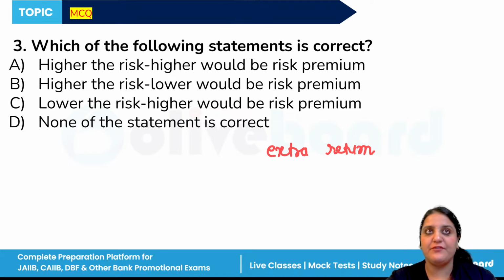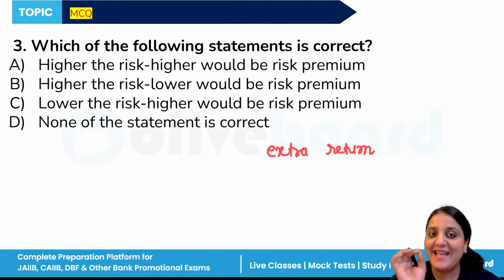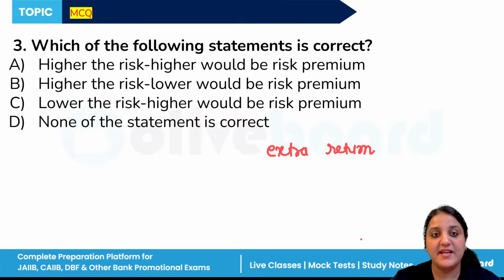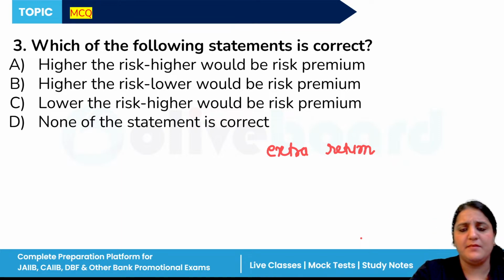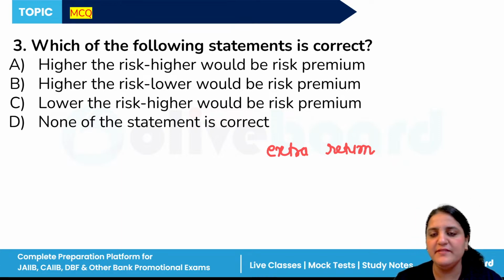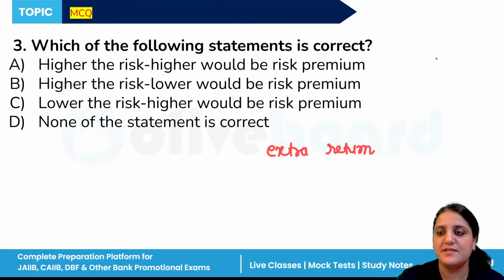Suppose a low-risk government bond might have 6% interest, but a corporate bond of a new company might give 12% interest. So that extra 6% is the risk premium for taking a riskier investment, right? So the correct answer is: the higher the risk, the higher the risk premium. Risk and returns are directly related.